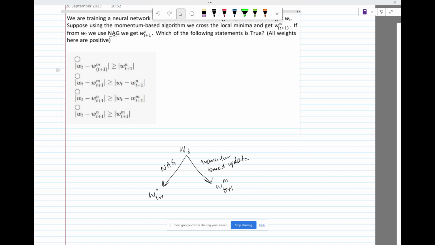If you look at the first one, they are talking about the change in the parameter value being greater than the parameter value at some point. So that is a comparison that we can't really make, right?